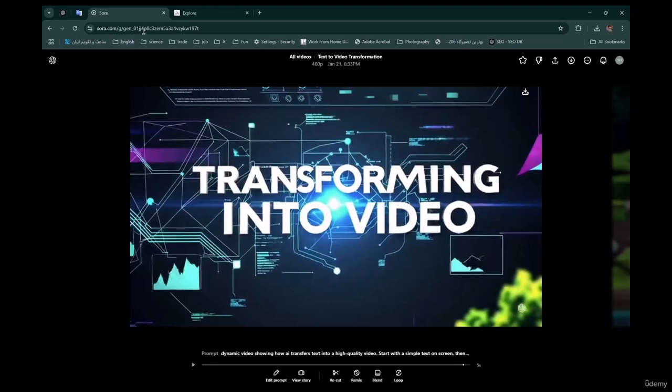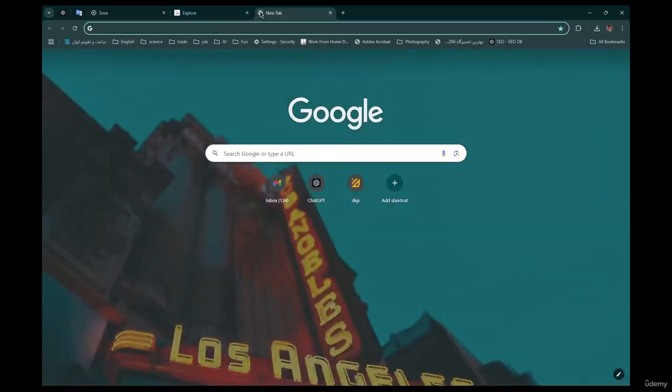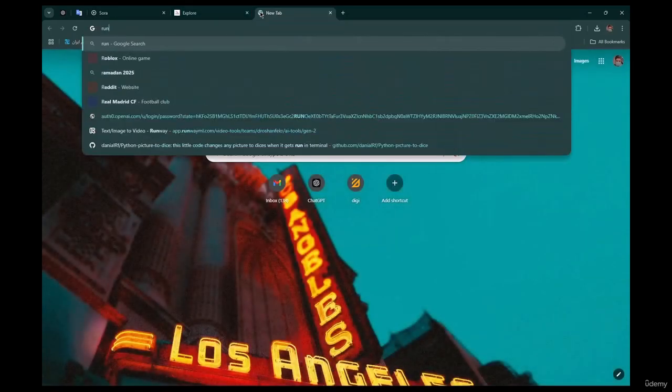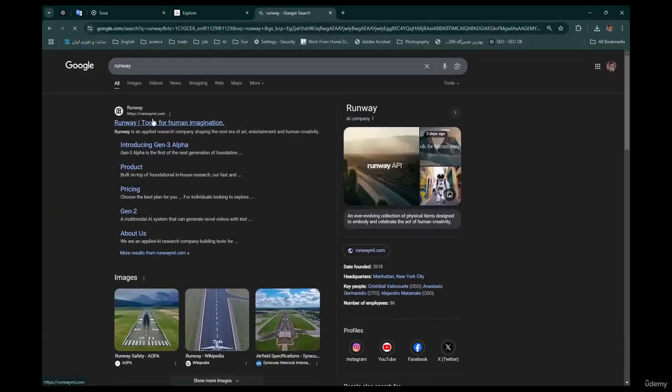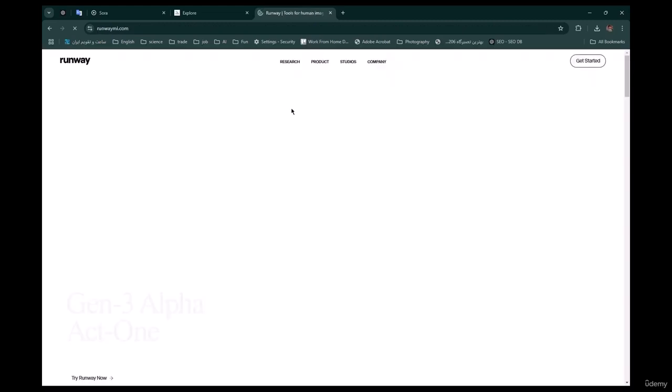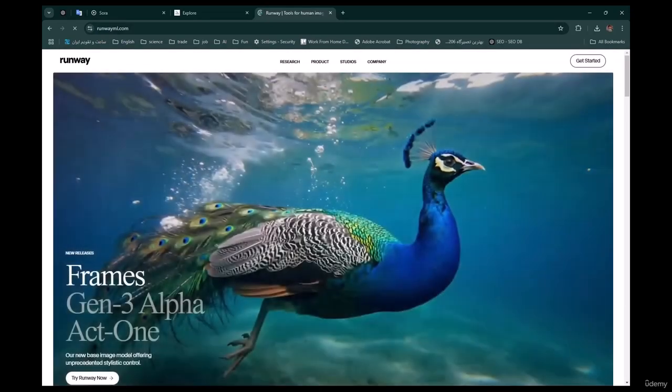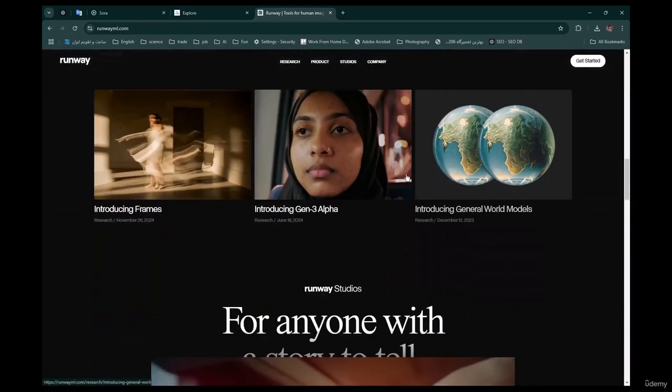In this course, our main focus is on Sora, but we're also going to go over some other AIs like Runway. These AIs exist as well and do the same thing, and we're going to talk about them too, not that comprehensively, but a bit.